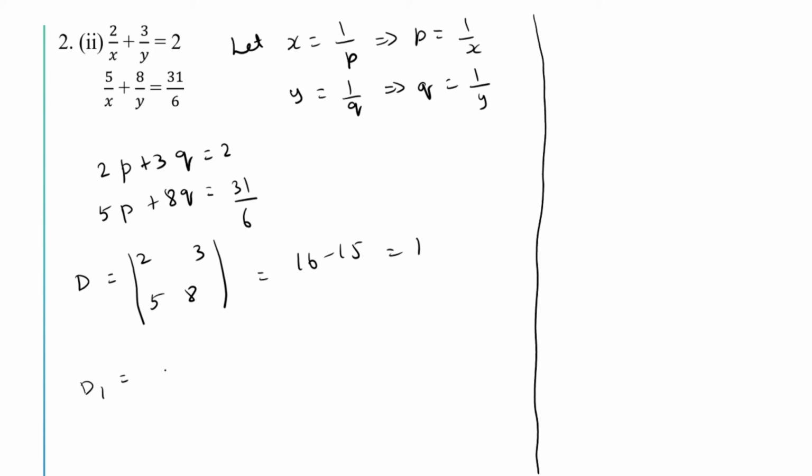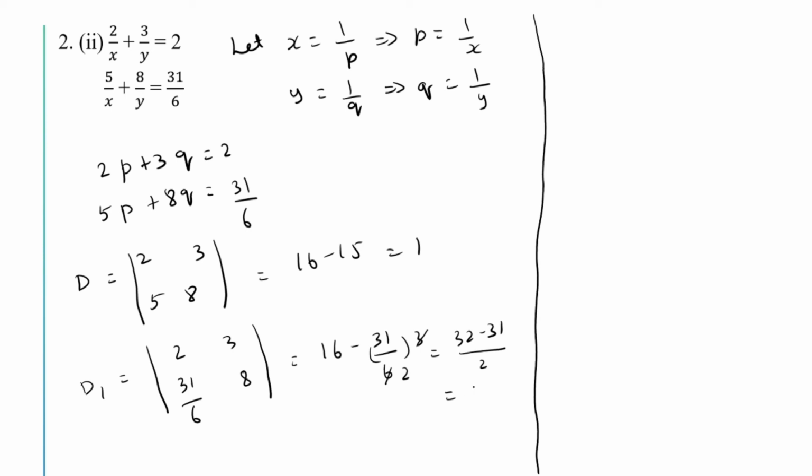Then d1 is equal to, in place of coefficient of x, we should have the constant terms. So this is equal to 16 minus 31 by 6 into 3. So it is 31 by 2. If we take 2 as the LCM, we will get 32 minus 31 by 2, or it is equal to 1 by 2.